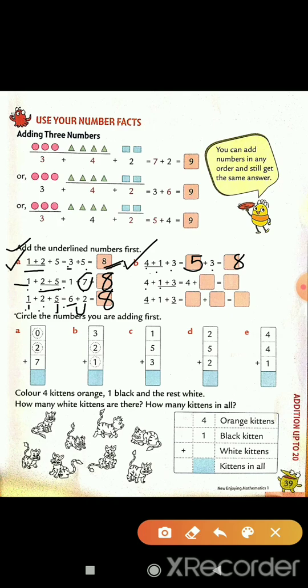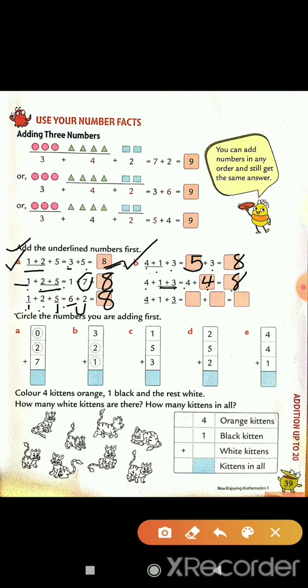4 plus 1 plus 3 is equals to 4 plus dash is equals to dash. Now 1 and 3 are underlined. 1 plus 3 is equals to 4. So write here 4, and 4 plus 4 is equals to 8. So write here 8.